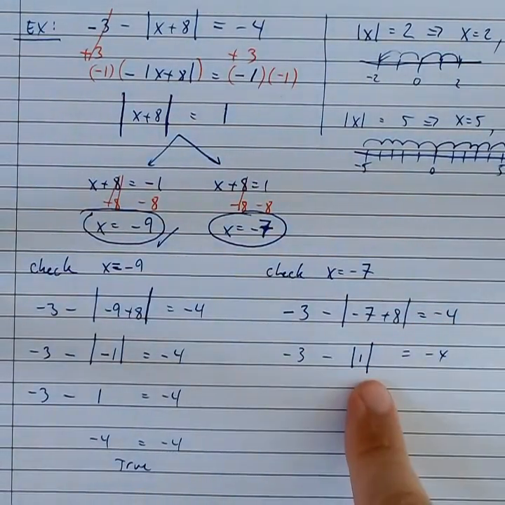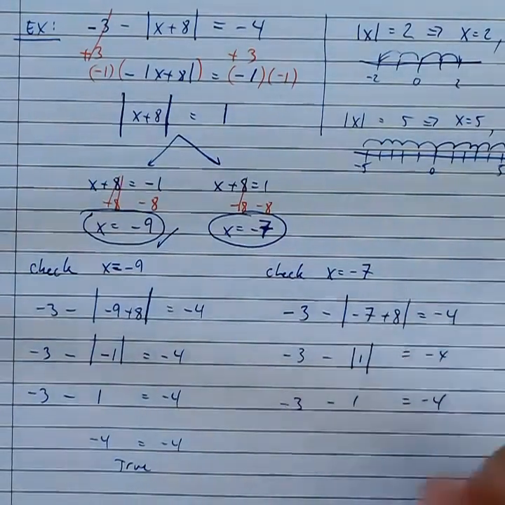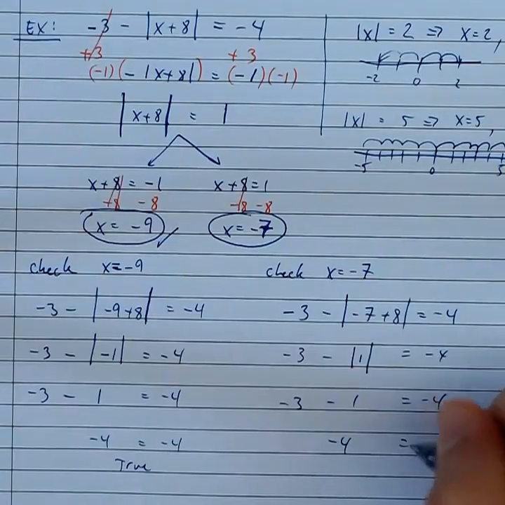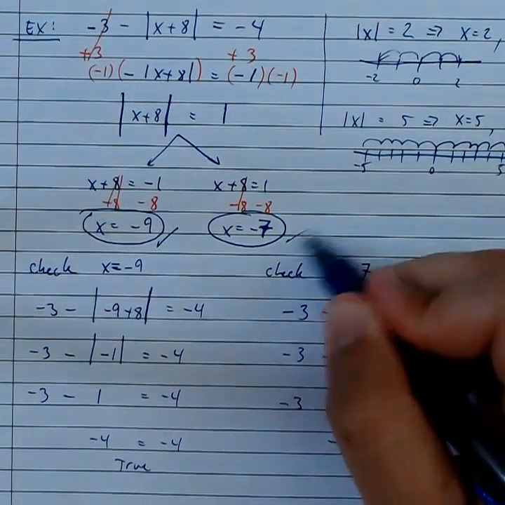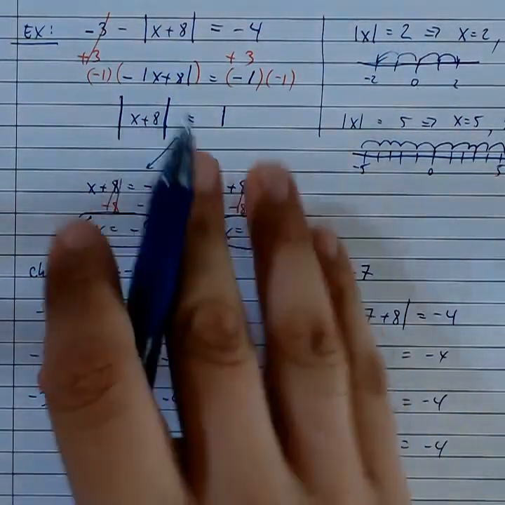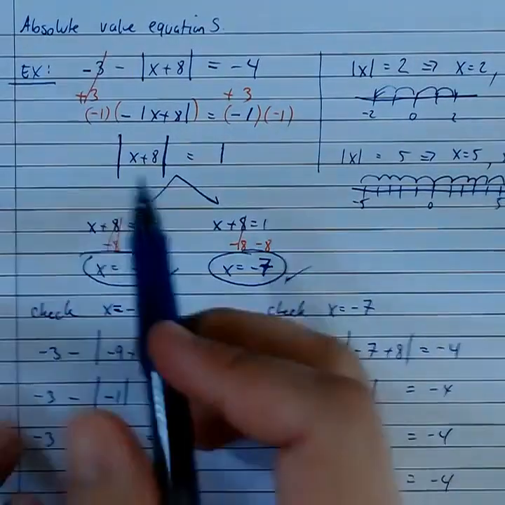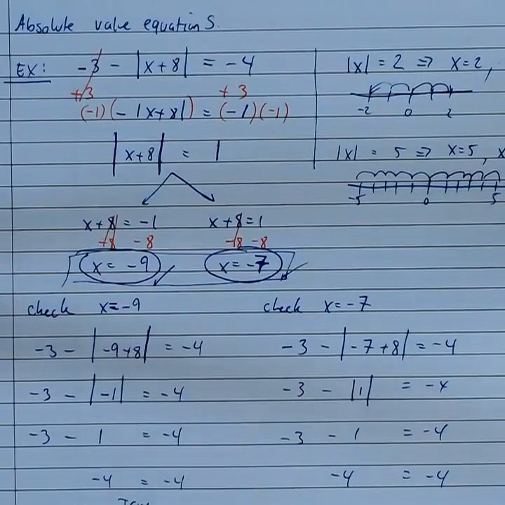Of course, the absolute value of 1 is still just 1. So it's negative 3 minus 1 equals negative 4, which is absolutely true. So in this case, both of our solutions work out. They both check out to be true. And so this equation has two different solutions. None of them were extraneous. Negative 9 and negative 7.